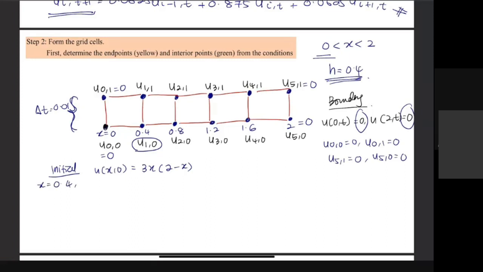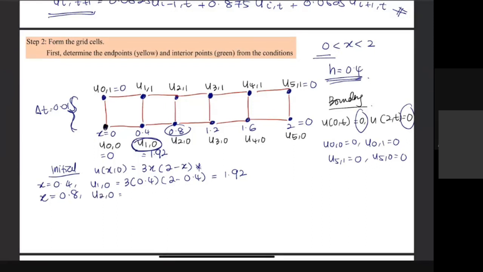So the temperature is U10 equal to, following this formula, 3 times 0.4 times (2 minus 0.4) equal to 1.92. So the temperature here equal to 1.92.